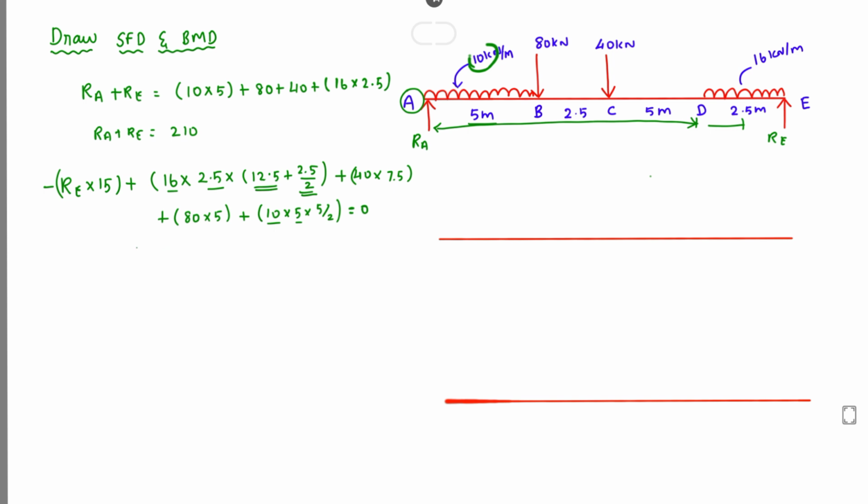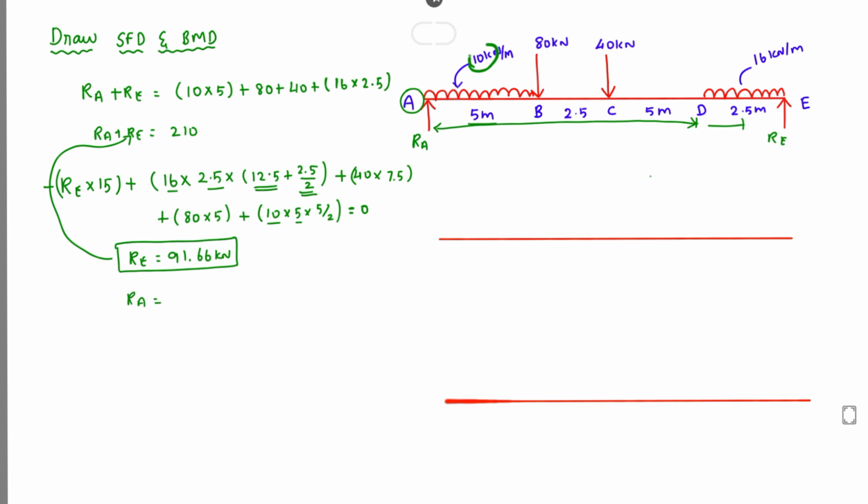Solving this, the only unknown is RE, and we get the value of 91.66 kilonewton. Now we can substitute the RE value to get the RA value.